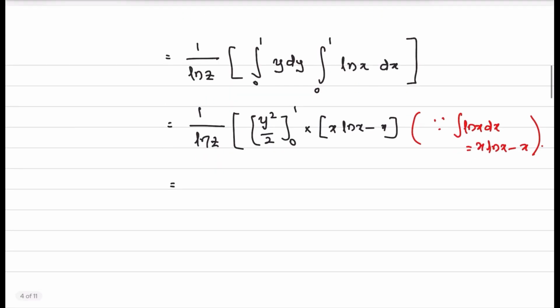Then it will be 1 by ln z into y square by 2, which is 1 by 2 with limits 0 to 1, into this, 0 to 1. When x is 1, ln 1 is 0, and when x is equal to 0, all this value will be 0, then it will be minus 1.